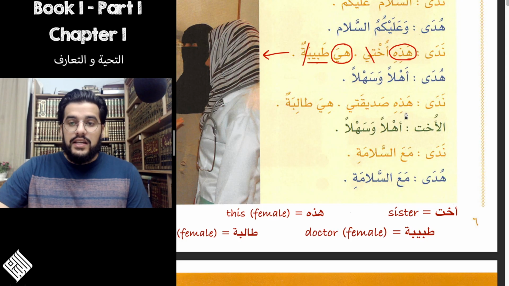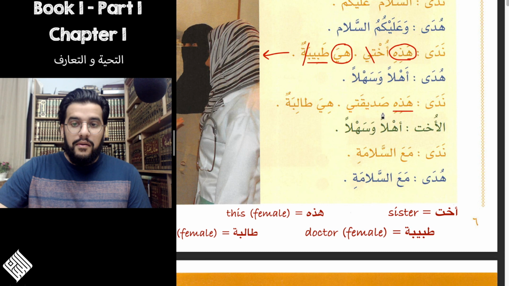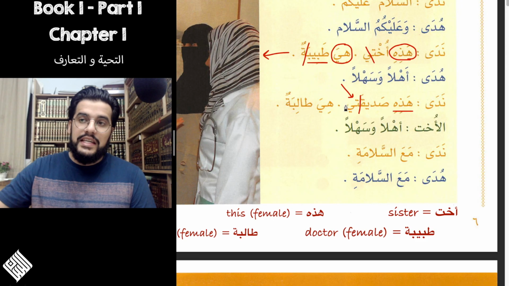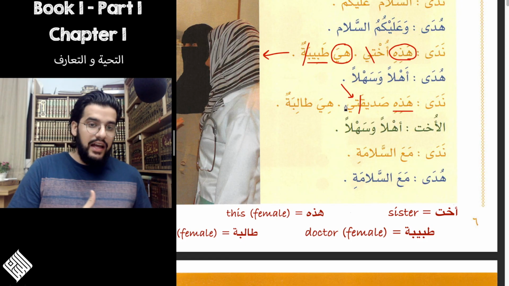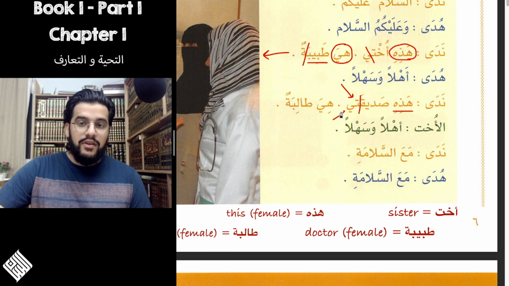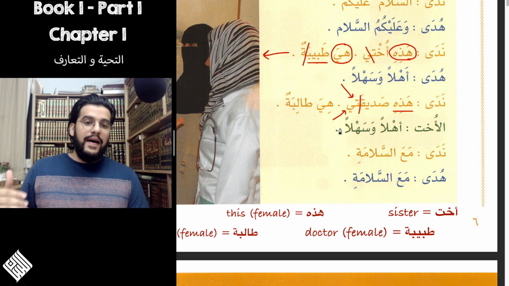And then Nada says هذه صديقتي. This is صديقتي. Remember we said صديق means friend, and that ta is the feminine ta. So صديق is a male friend, صديقة is a female friend. And then we have the ya, which is the pronoun my, right? So my female friend.